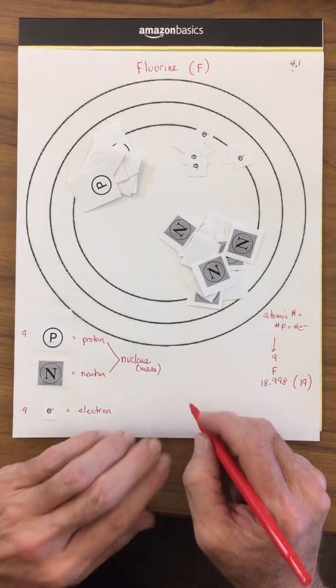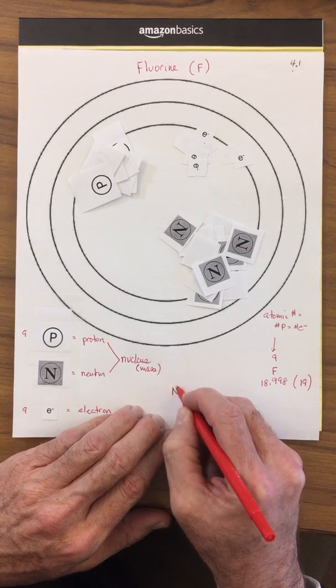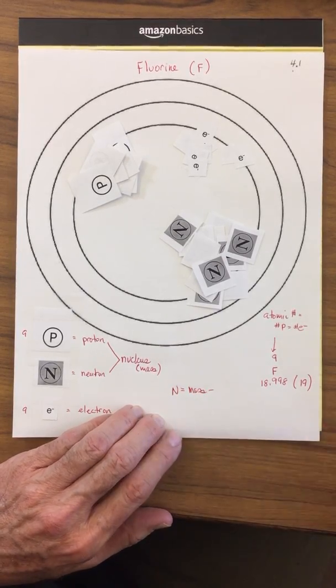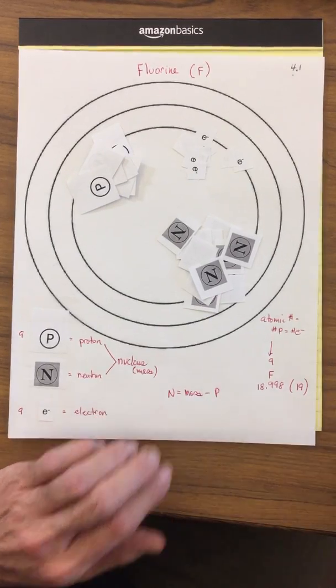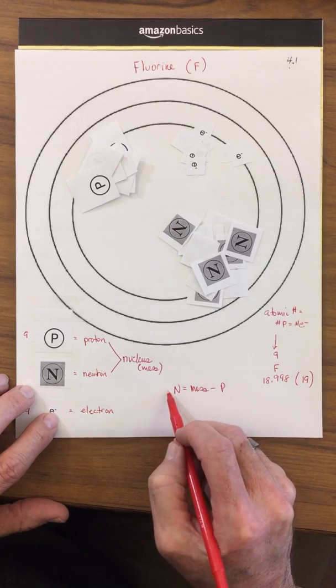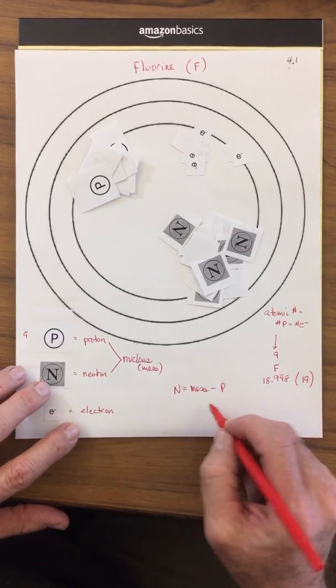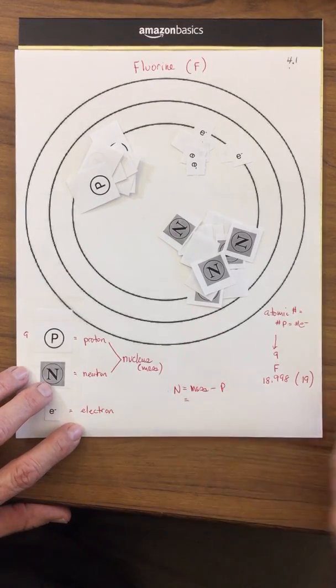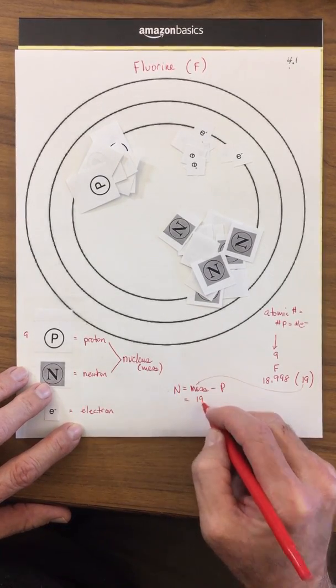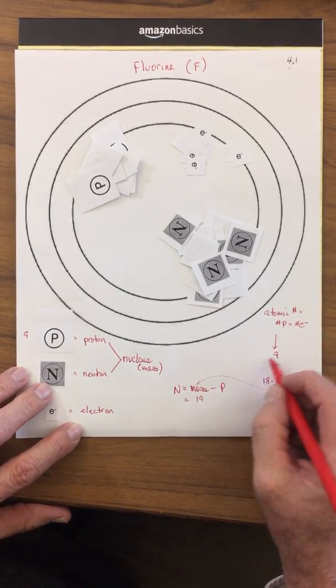We can do a calculation from your lecture notes. The number of neutrons is equal to the mass minus the number of protons. Another way of saying that is the protons plus the neutrons will equal the mass. But here's the formula. So take the mass. My mass is 19. My protons is 9.